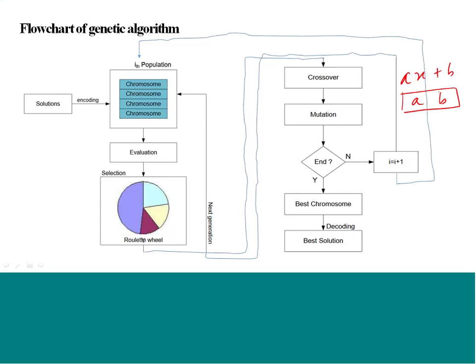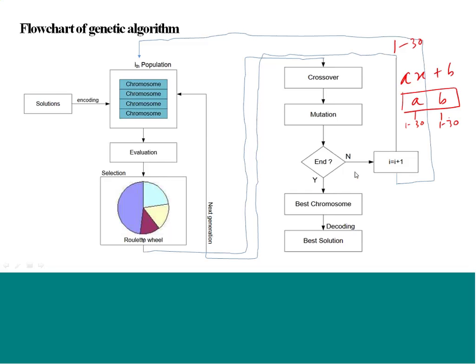Let a and b be integers that can take a value between 1 and 30. Now a is a gene and b is a gene. A could have a value between 1 and 30 and b could have a value between 1 and 30. So this is what genes are. There are two genes in this chromosome, and each gene can take a value between 1 and 30.